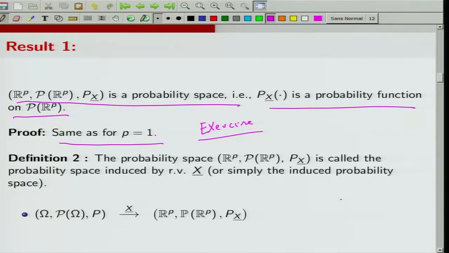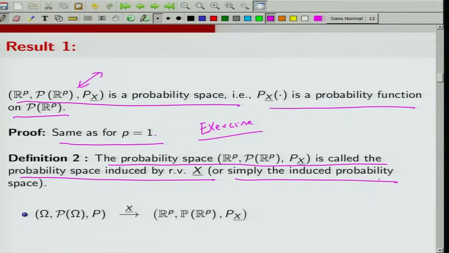Now, this probability space, as in the univariate case, is called the probability space induced by random variable X. So, the probability space (Rp, P(Rp), PX) is called the probability space induced by random variable X, or simply the induced probability space. So, this is the diagram. To begin with, you had the space (omega, P), and random variable X takes you to a different space which is (Rp, P(Rp), PX).